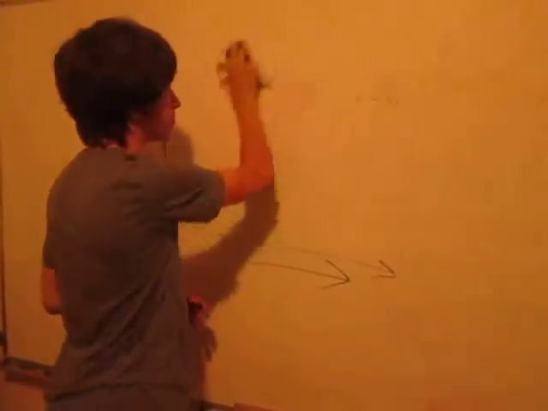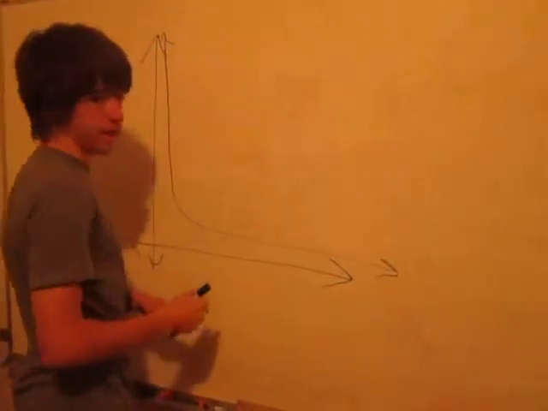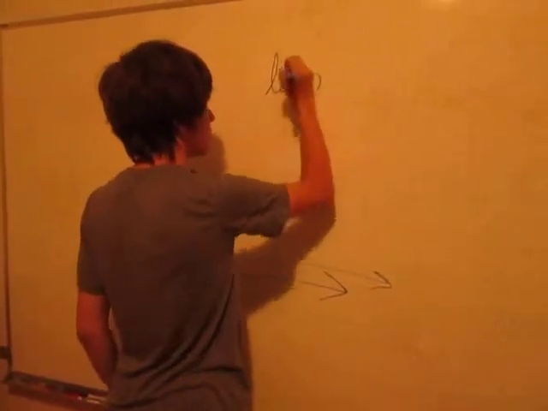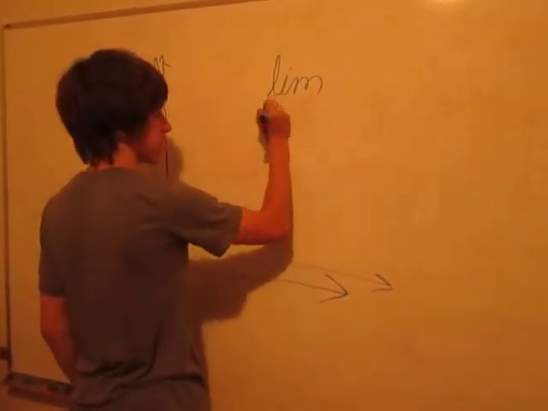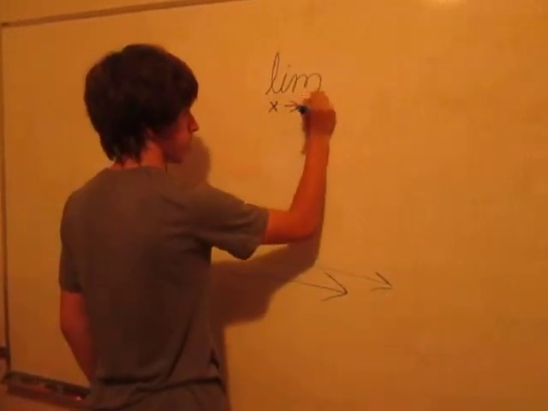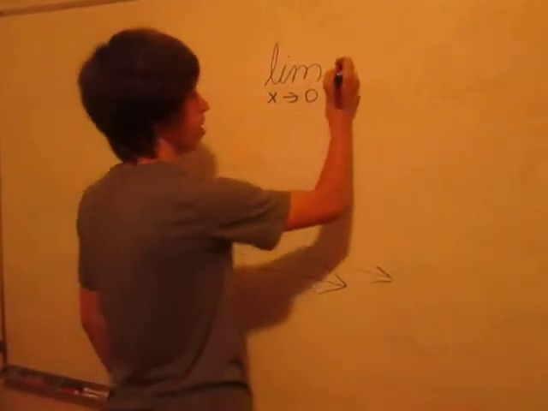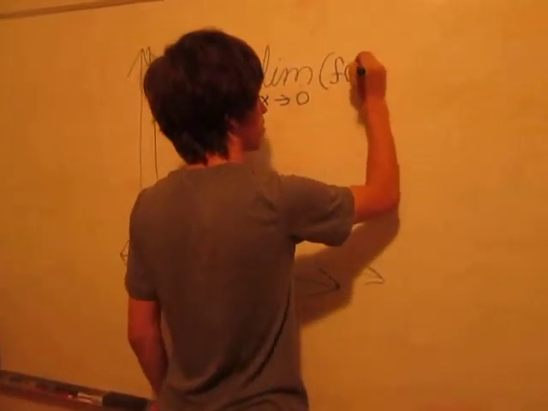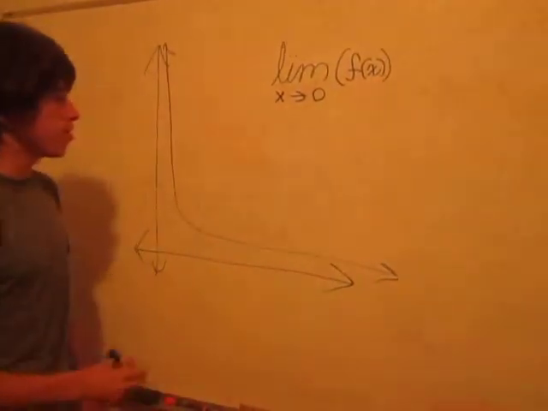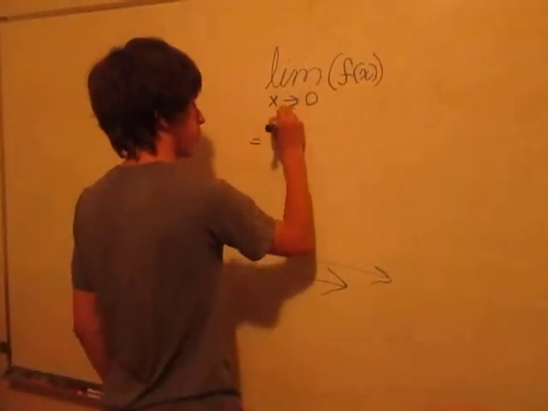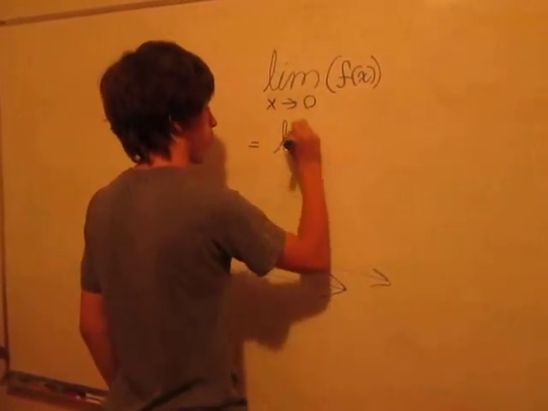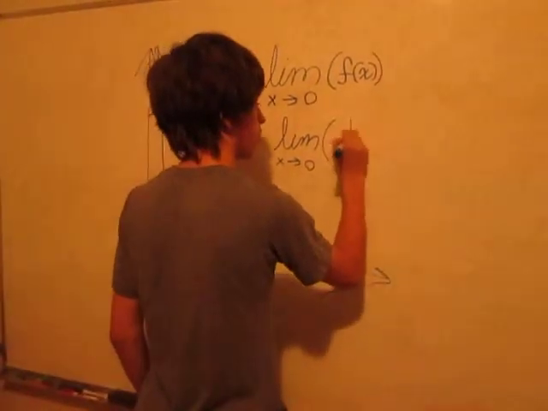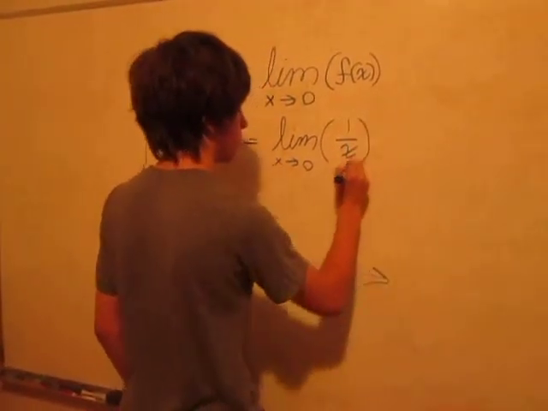So instead, to find that point, we take the limit, you write lim, as x goes to our desired value, 0, of f of x, which we know is equal to, in our case, 1 over x, the limit.